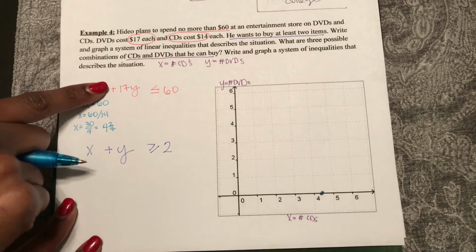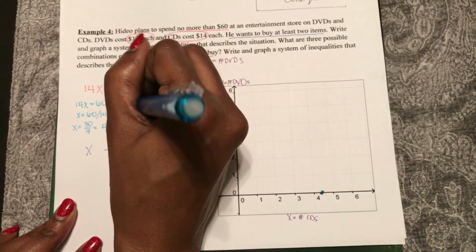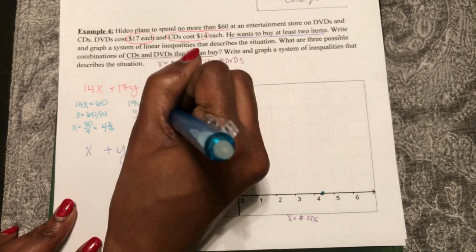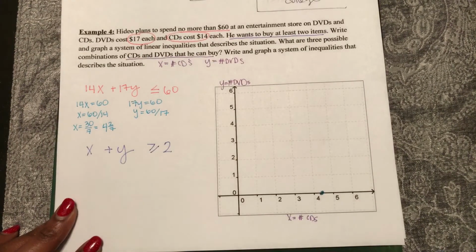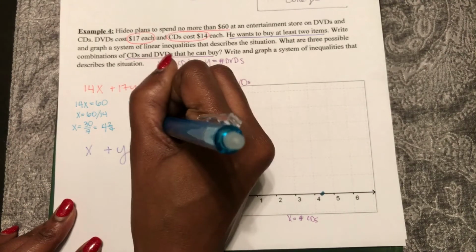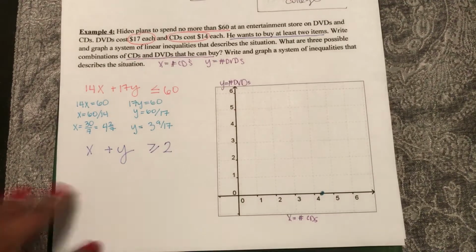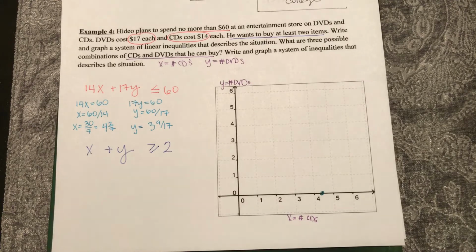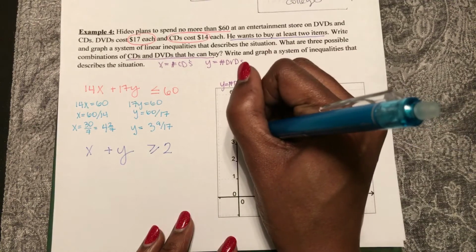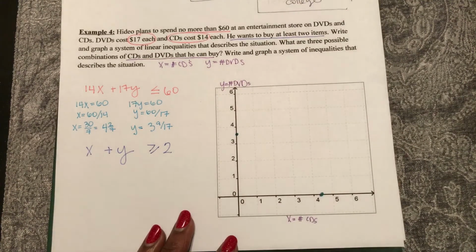So if I plug in 0 for x, I'm left with 17y equals 60. Y equals 60 divided by 17. And that becomes y equals 3 and 9/17. So once again, we are going to approximate that point. 3 and 9/17 is just about here, I guess.